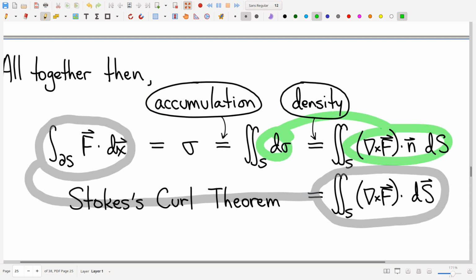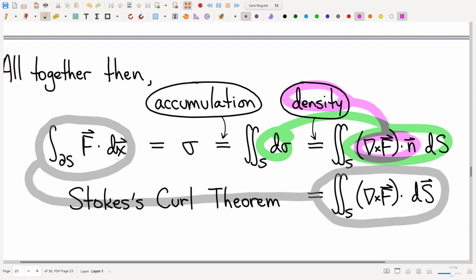Each little piece of circulation, we're talking about a little piece of circulation for a little piece of surface. Stuff is stuff per unit area times area. Right? So on the previous page, we had this idea of there being circulation density, and I assert that this is the formula for it.